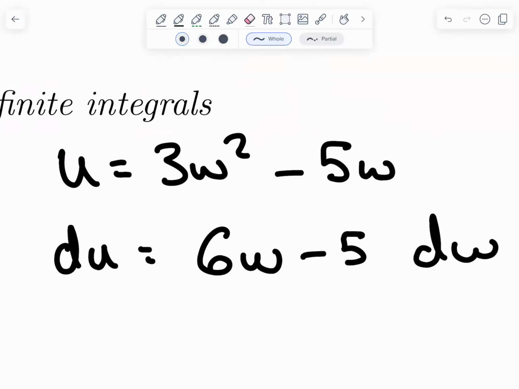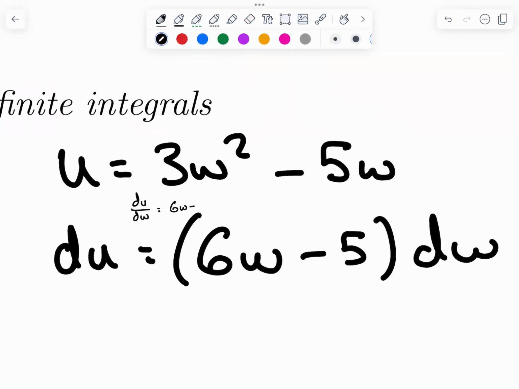And that will throw everything off. The reason why it's all being applied to that is because you have du/dw equal to 6w minus 5, and then you're cleverly multiplying by dw. That's why the dw is applied to everything.